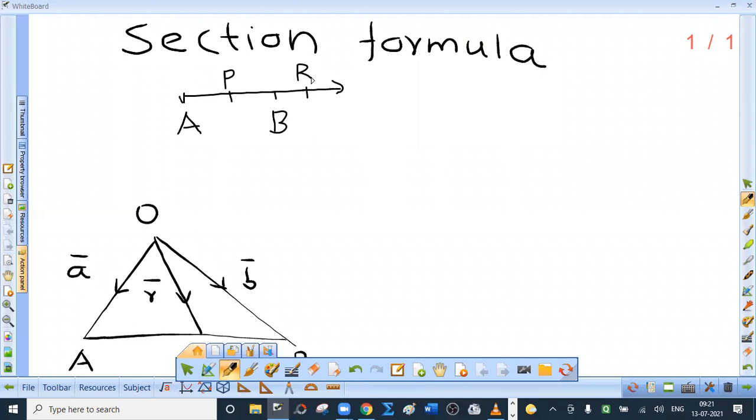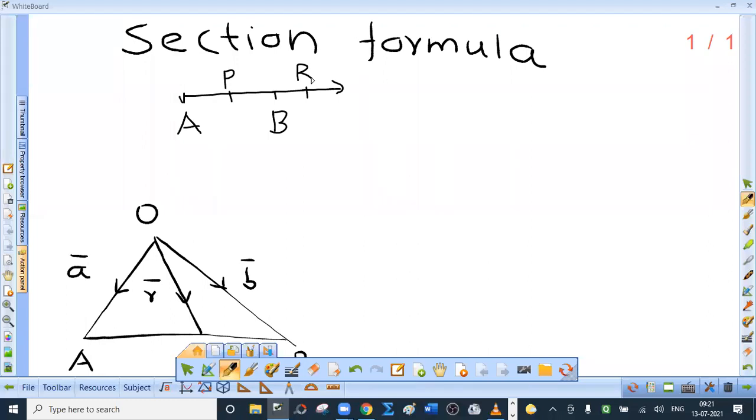That is, the betweenness is A B R or R A B. The point R is said to divide segment AB externally in the ratio AR is to RB. If you consider vectors AR bar and RB bar, you will notice that they are in opposite directions.